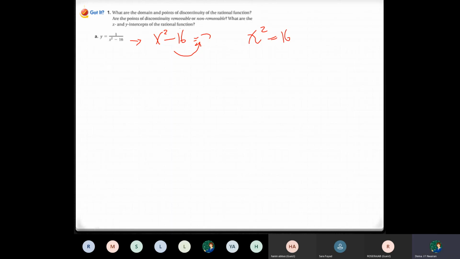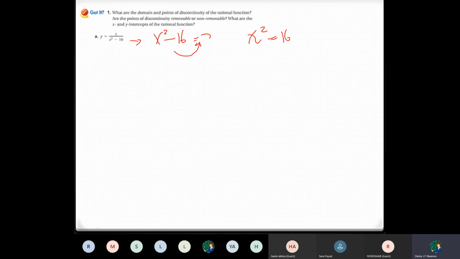Is there any number that if you multiply it by the same number, you will get 16? Yes. What is the number? 2 times 2 is 4. 3 times 3 is 9. 4 times 4 is 16.